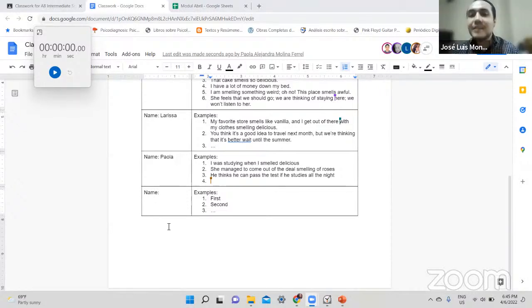Thank you, Larissa. Your first example is very good, but here is something tricky. Smelling is good, but here smelling is not continuous, right? That's why it's correct, because this is like a phrase. Okay, so I get out of there with my clothes smelling delicious.